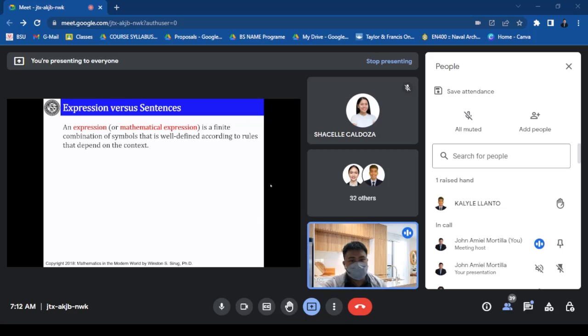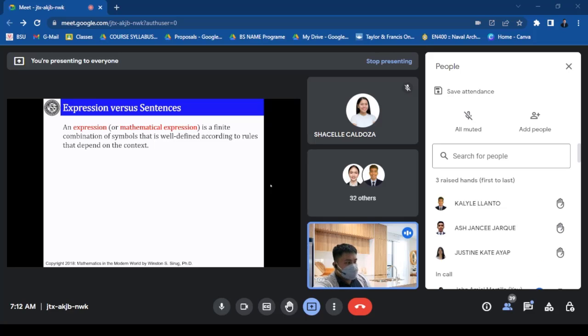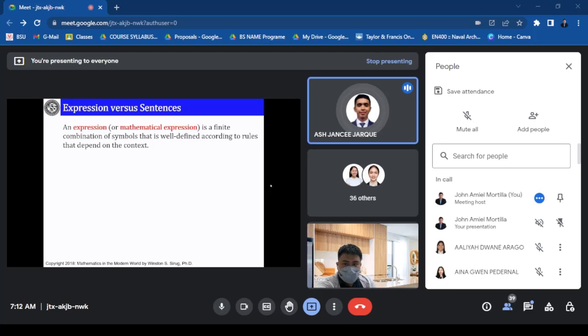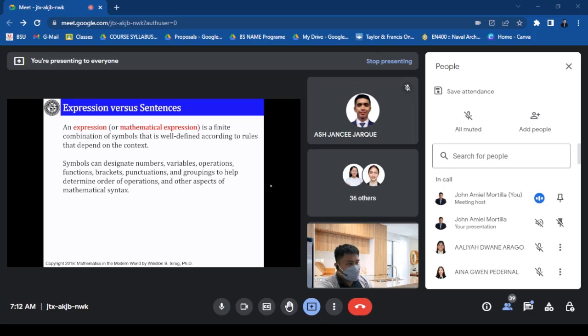Okay, so expressions versus sentences, please read. Okay, Ash. An expression or mathematical expression is a finite combination of symbols that is well defined according to rules and that depend on the context. Okay, next, please read.